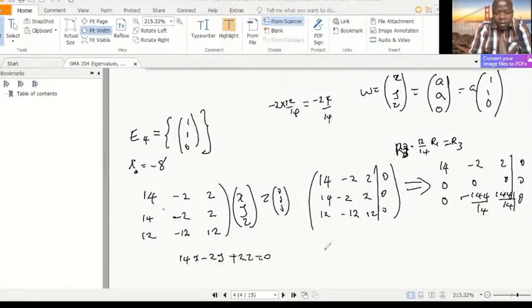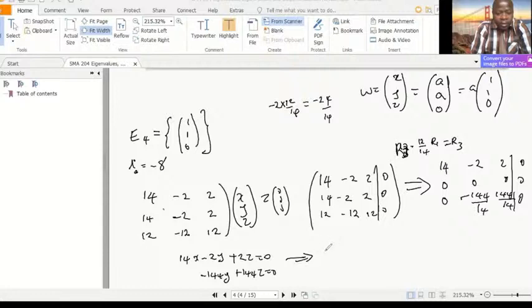And this other one tells me, if I was to multiply through by 14, I would have negative 144y plus 144z is 0.